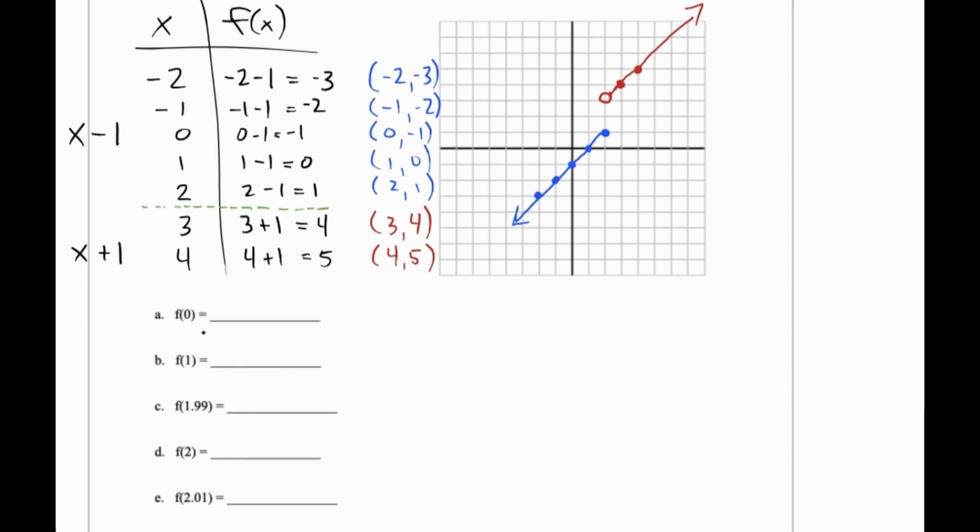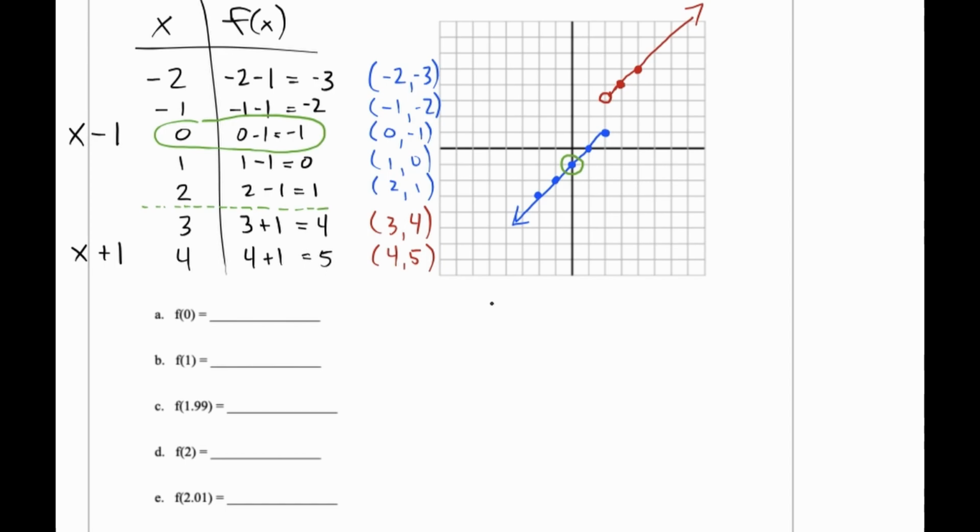It's asking me to say what the output should be for different inputs. So let's let the input be 0. Which one are they talking about there? They're specifically talking about this coordinate pair right here, where the input is 0 and the output is -1. That point is this one right here that they're talking about.